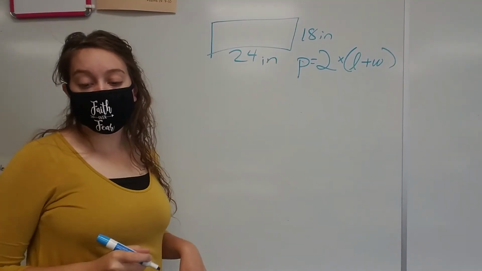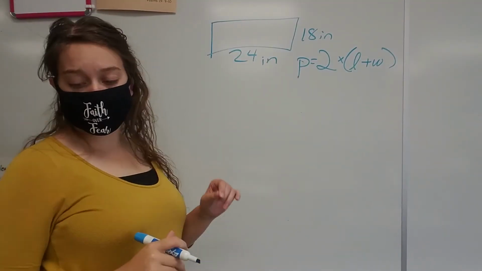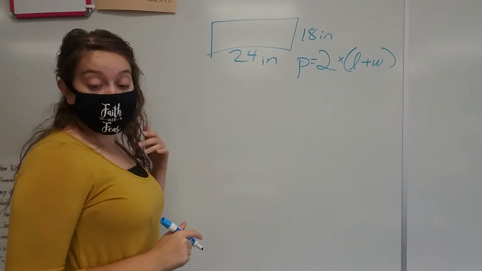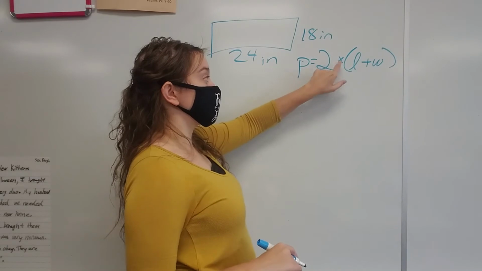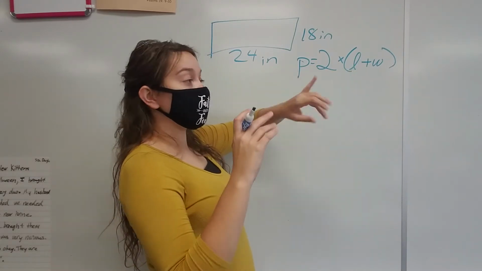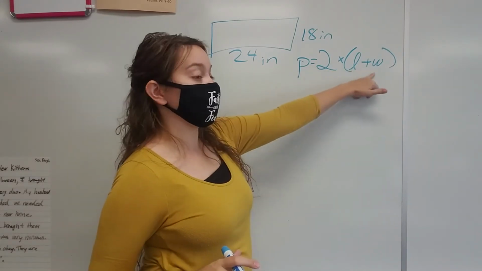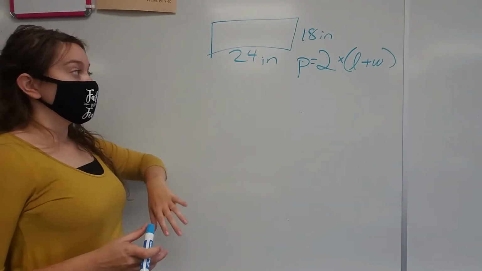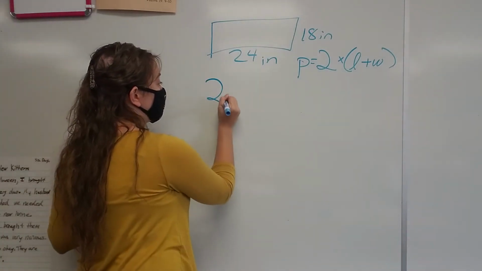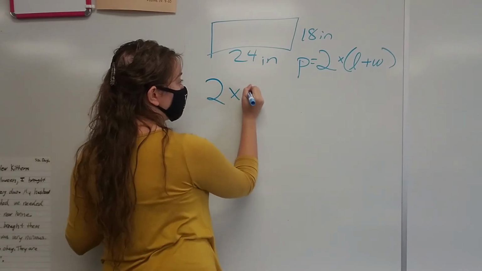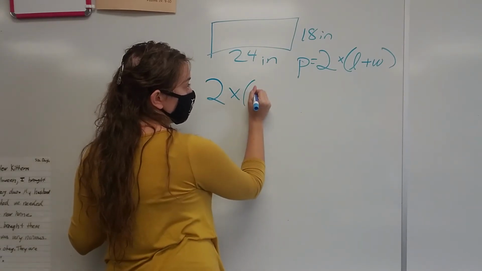All right, so for number 3B, we are going to use the formula perimeter equals 2 times the sum of length plus width, okay? So, our equation is going to be 2 times length.